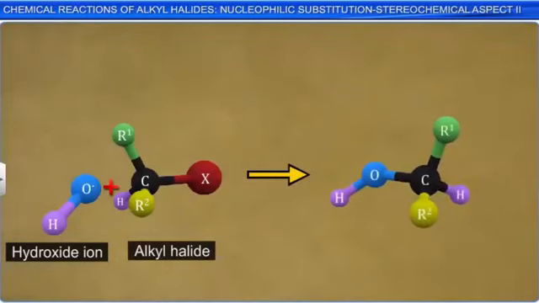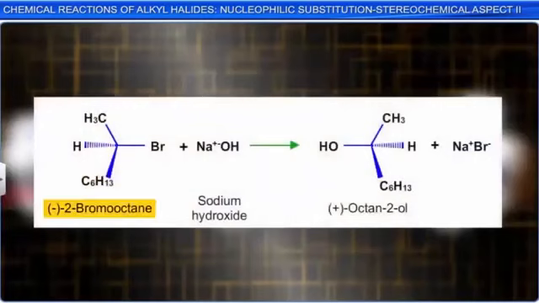This is known as umbrella inversion. Thus, the SN2 mechanism is accompanied by a complete inversion of configuration. An example is the reaction of (-)-2-bromooctane with sodium hydroxide to form (+)-octan-2-ol with a complete inversion of configuration.